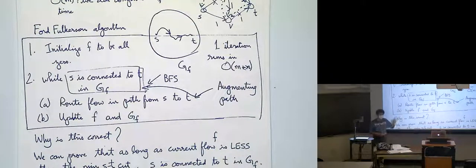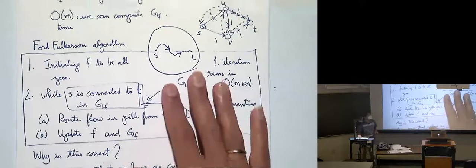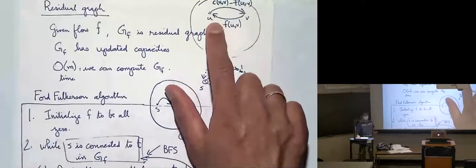The number of iterations is at most the total flow, because every iteration increases the flow by 1. Assuming capacities are all integers, every time I route at least 1 unit of flow, because all of these are integers. So whenever it's non-zero, it's at least 1.